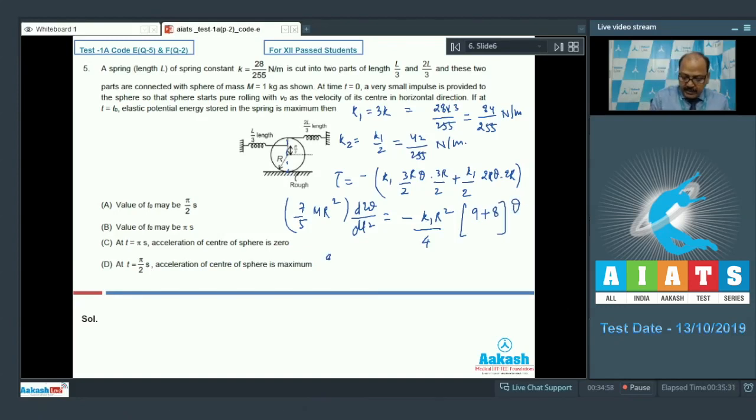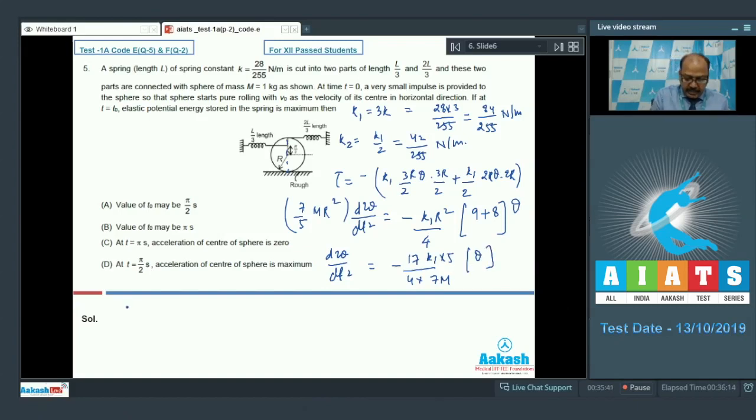Simplifying, we get d2 theta upon dt square equals minus 17 K1 by 4 into 7m into 5 into theta.